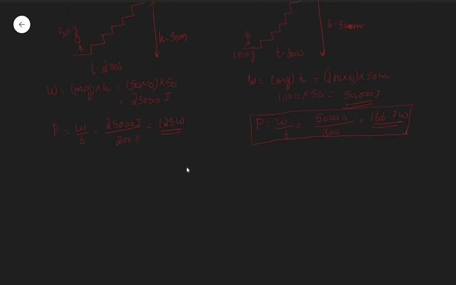The second question is, if you have a car or a body and somebody is exerting a force of 200 Newton, somebody is pushing it, and this object is moving with a velocity of 2 meters per second.